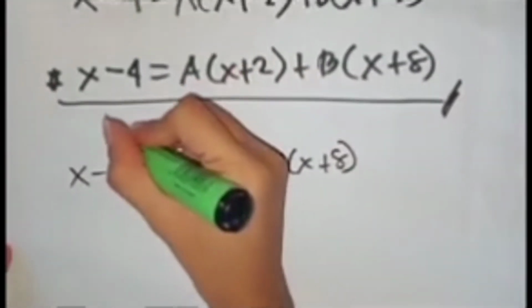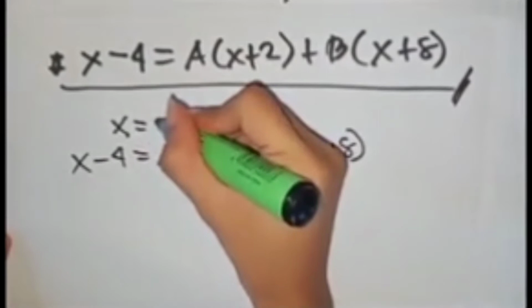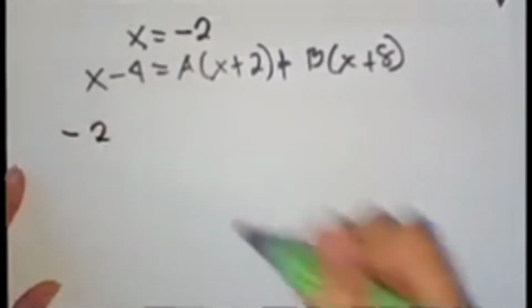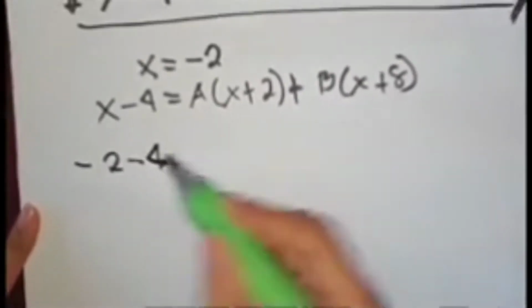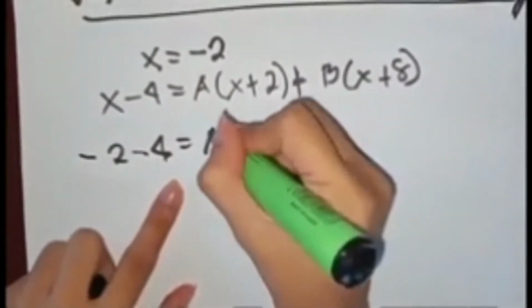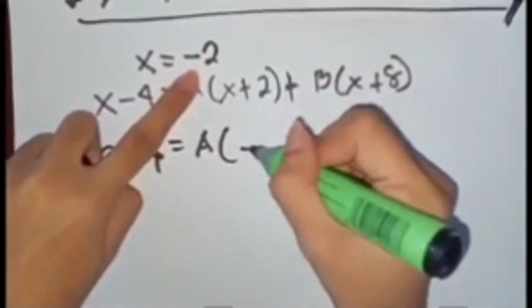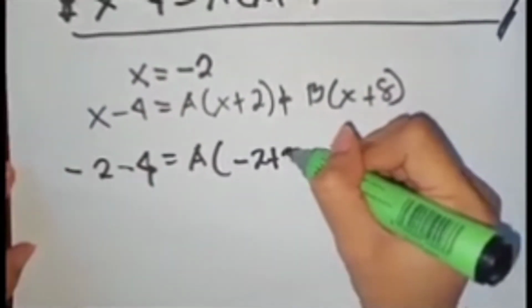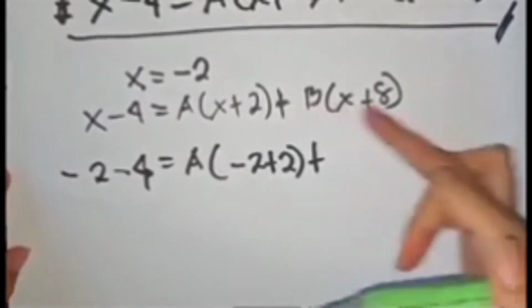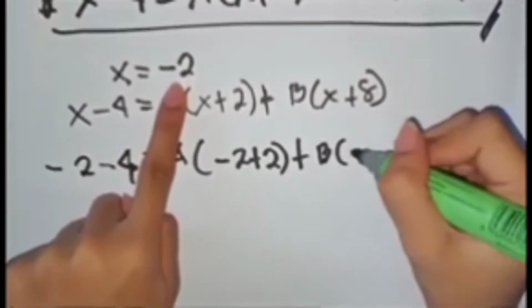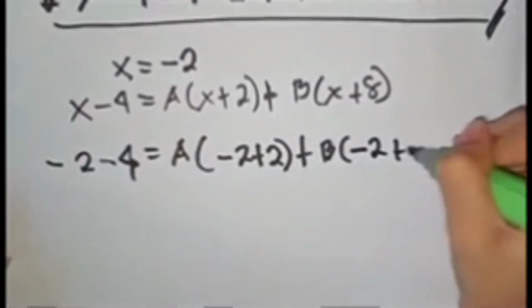Okay. If x minus 4 equals A times (x plus 2) plus B times (x plus 8), we will let x be equal to negative 2. So, negative 2 minus 4 is equal to A times (negative 2 plus 2) plus B times (negative 2 plus 8).